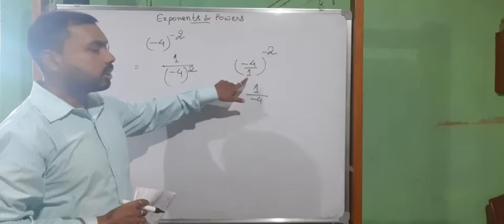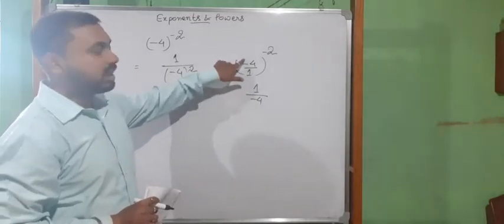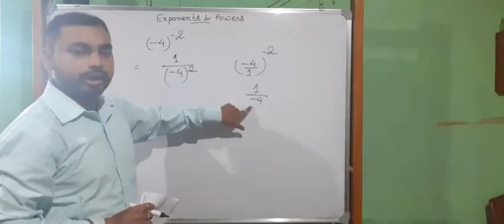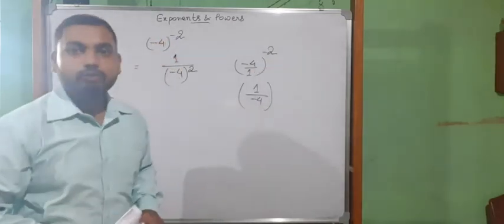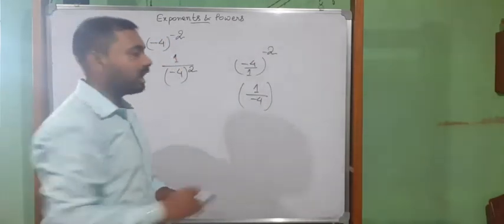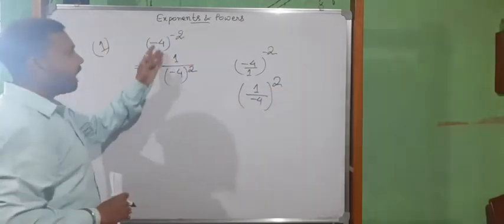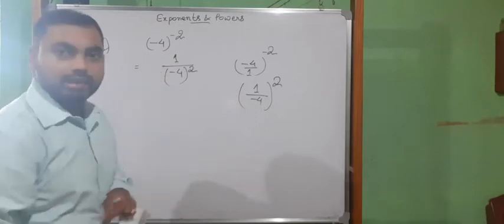Now this 1 will be at the numerator, and minus 4, which was earlier in the numerator, now becomes the denominator. Automatically the power sign will be changed. Since it was minus, now it will become plus. This is actually the rule. I have not written it exactly here, but you can write in this form also.